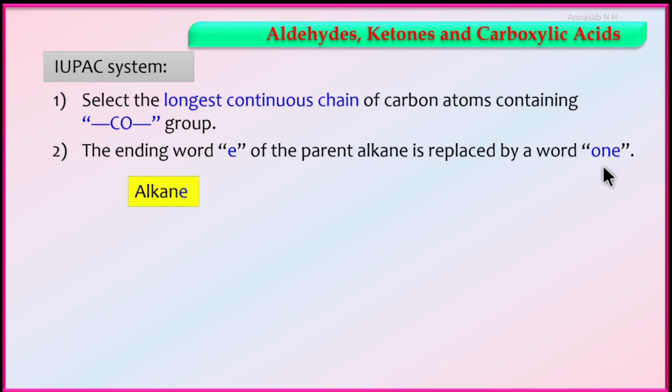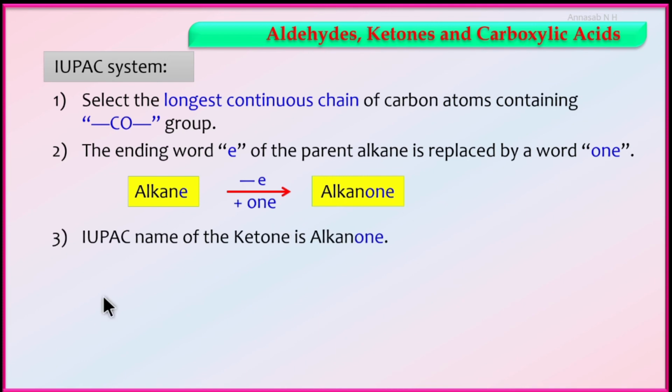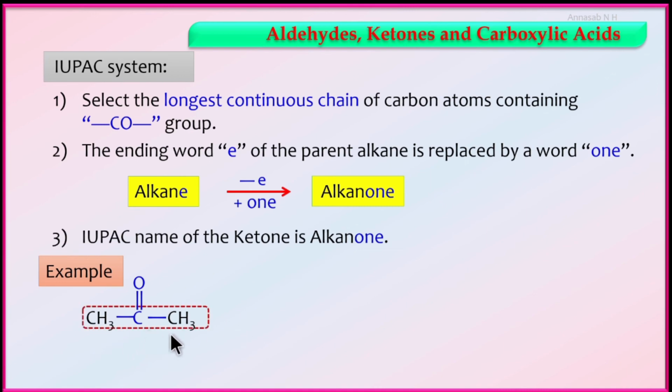For example, the alkane ending E is replaced by ONE, so it turns into alkanone. The IUPAC name of ketones is alkanone. Example, CH3 C double bond O CH3, an example of a simple or symmetrical ketone. As there are 3 carbon atoms, propane, with a C double bond O group, the ending E is replaced by ONE. So the name for the compound is propanone.